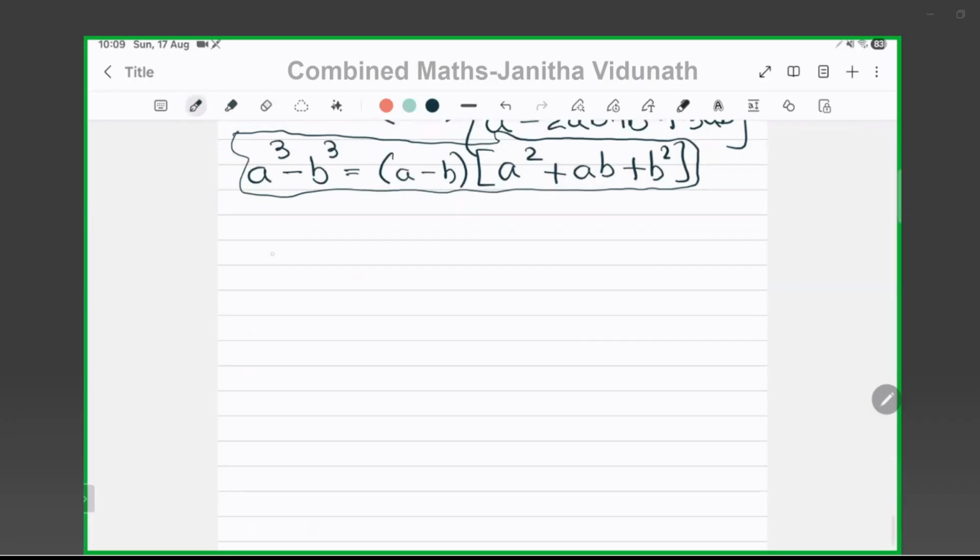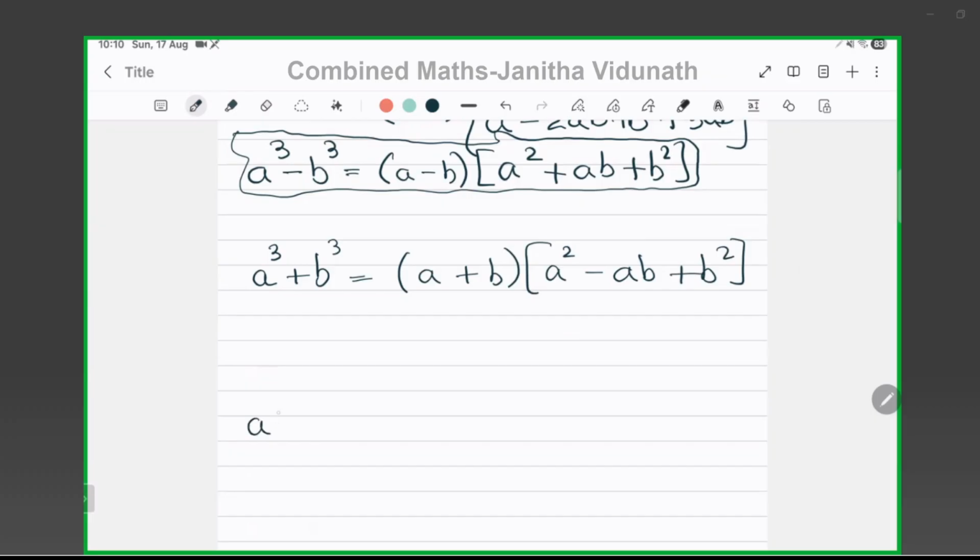Now here we learned the factorization of a cube plus b cube as (a plus b) times (a square minus ab plus b square), and the factorization of a cube minus b cube as (a minus b) times (a square plus ab plus b square).